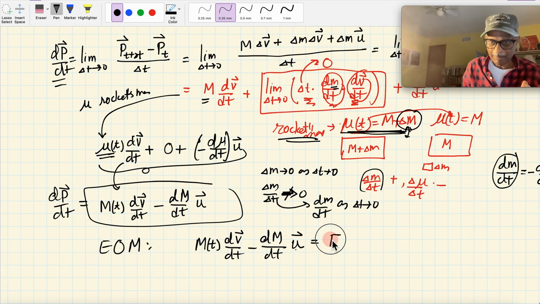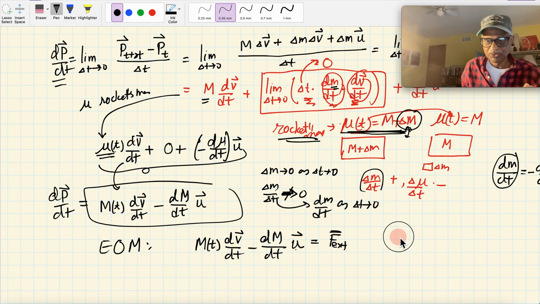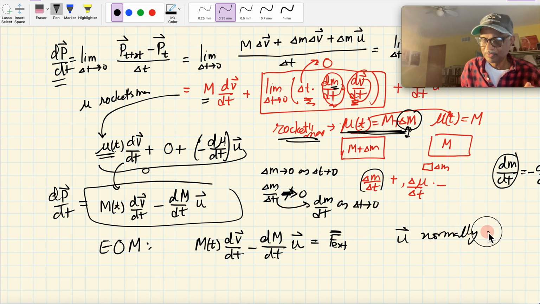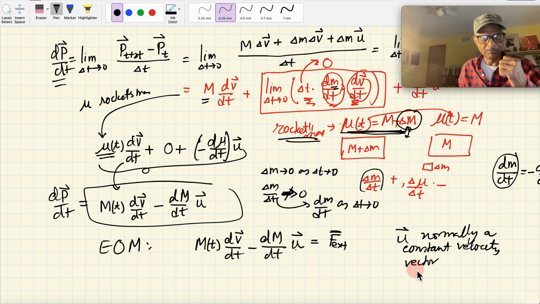So it's kind of some constant vector. So u is normally, I'm going to take as a constant velocity vector, and it's pointed towards the back of the rocket.